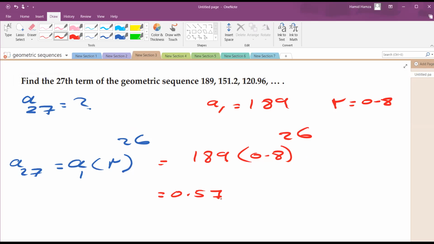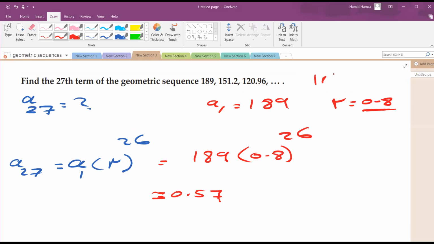Okay, so approximately equals this number. If you look at the sequence, you will notice that it decreases. Why does it decrease? Because the common ratio is less than 1, a fraction between 0 and 1.